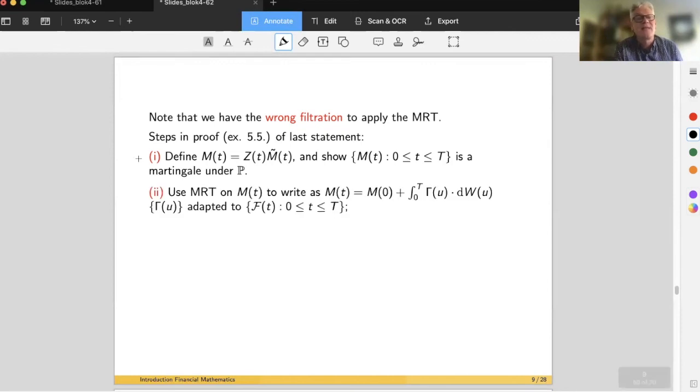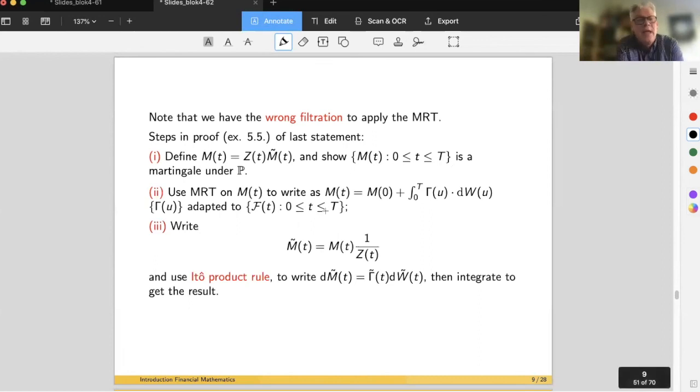The second step then is we use the martingale representation theorem on Mt. So we write Mt as M0 plus the integral from 0 to t gamma u dWu, where this is again an inner product, so this is vector valued, where gamma u is adapted to the filtration Ft, and little t again between 0 and capital T. And finally, we write M tilde t as Mt divided by Zt.